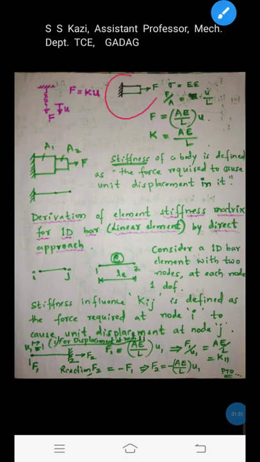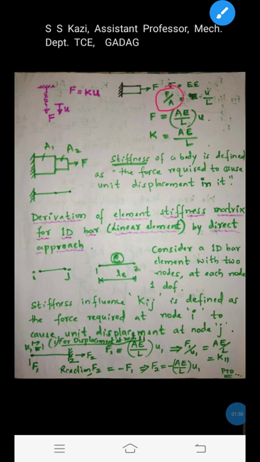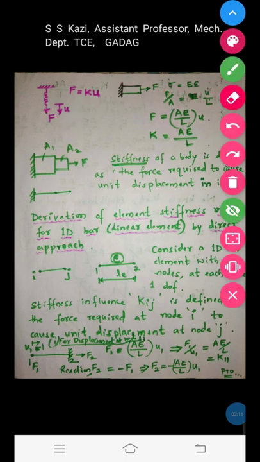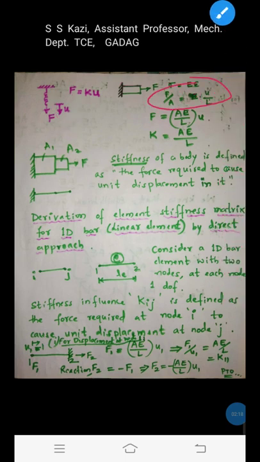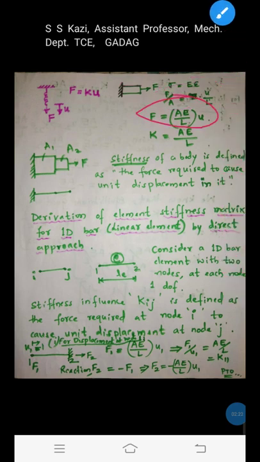Now for this simple bar, by using Hooke's law, I will write stress is equal to E into strain, and stress is nothing but force by area, that is equal to Young's modulus into strain, where strain in the bar is given by change in length by original length. That change in length is nothing but the displacement, with the same notation U as we used in the spring, divided by original length L. Now if you rearrange this equation, we will get F is equal to AE by L into U.